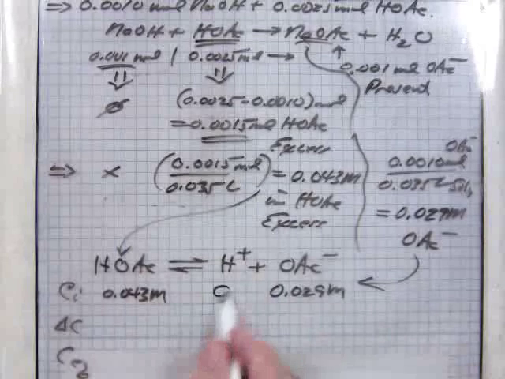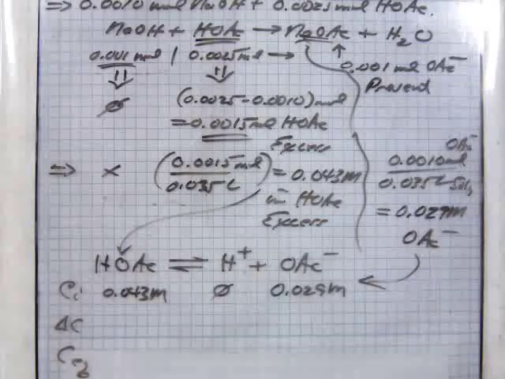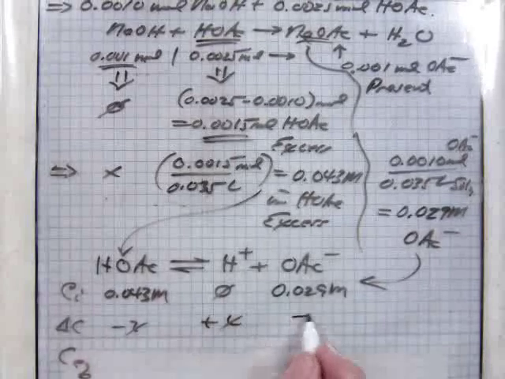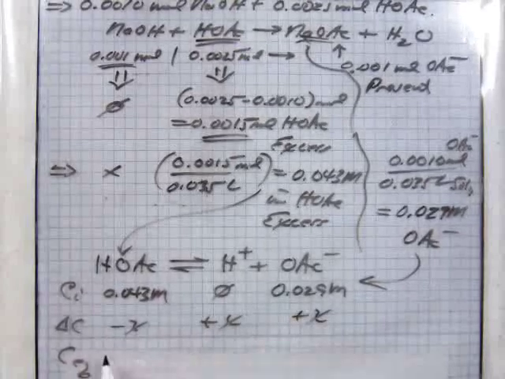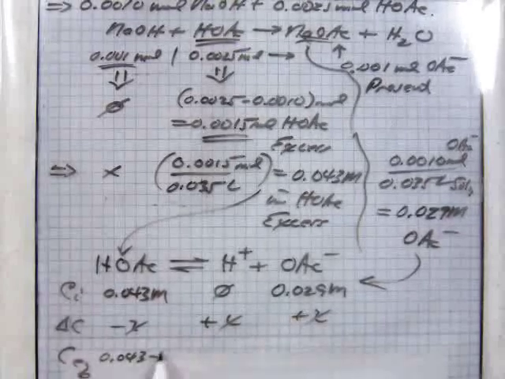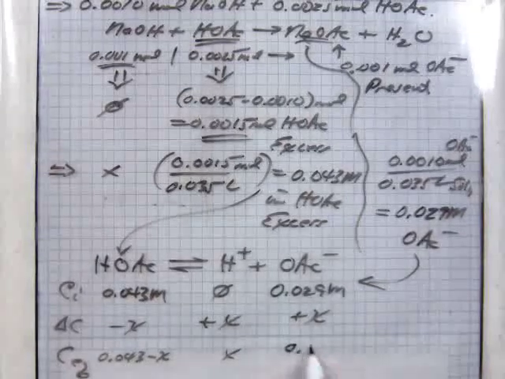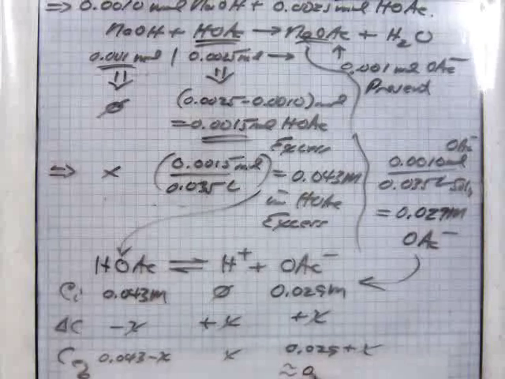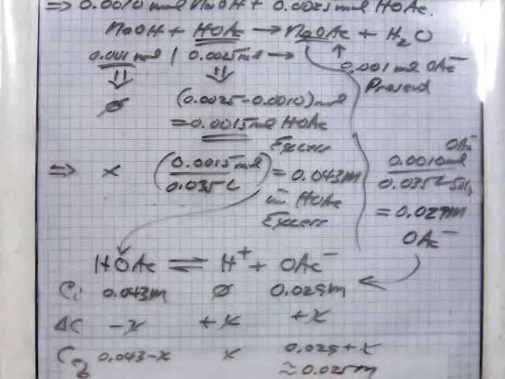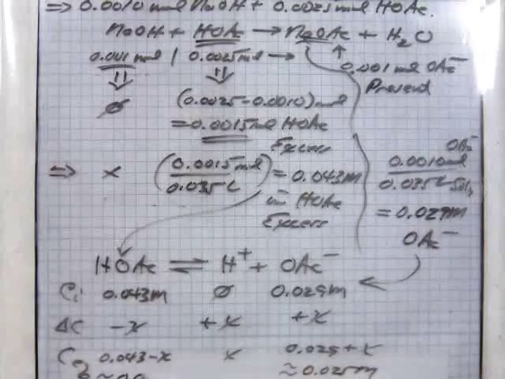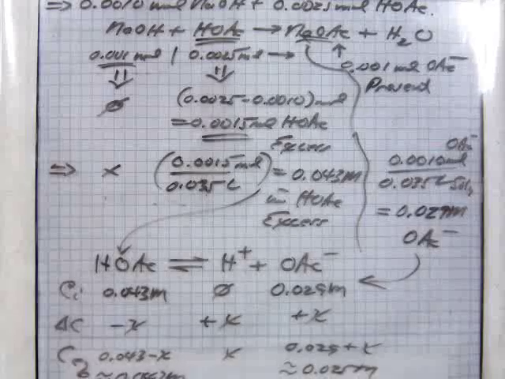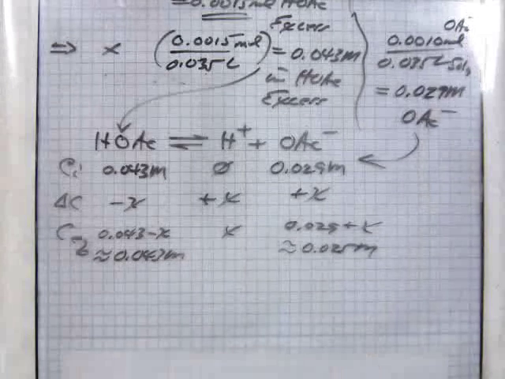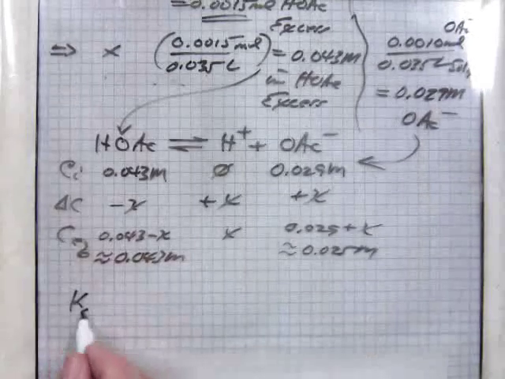This starts at 0, we assume, and so minus X, plus X, so we're looking for that X. So 0.043 minus X, and 0.029 plus X. So there's your equilibrium row, which you now put into the Ka expression.